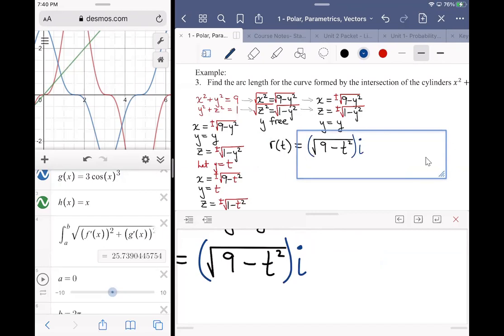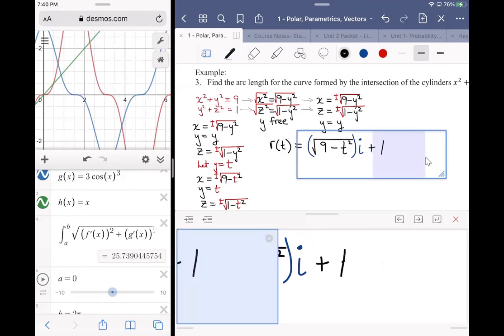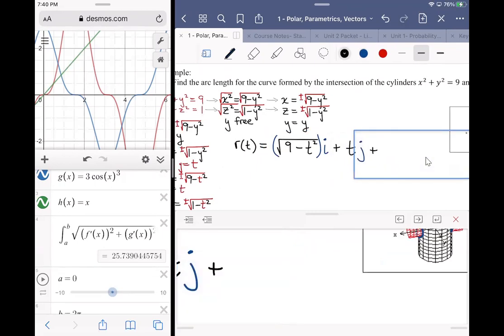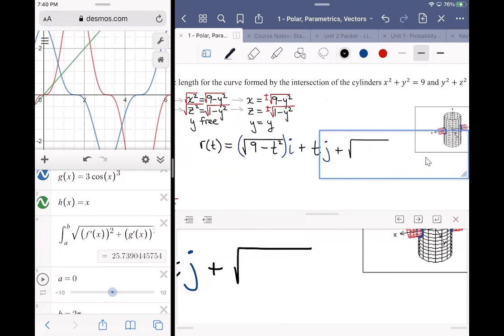Right, so my r of t is going to be this model. So the square root of 9 minus t squared times i, t times j, and plus the square root of 1 minus t squared, and then k.